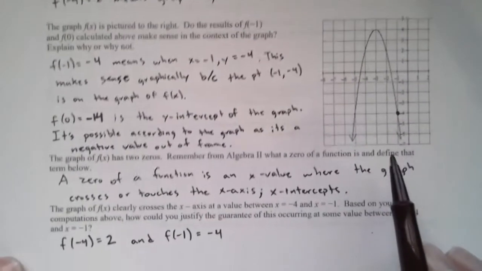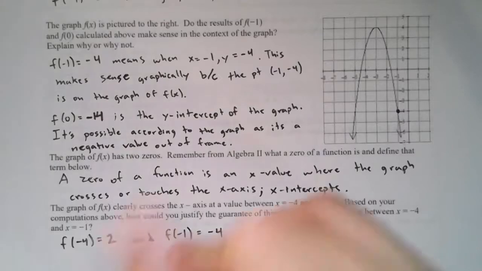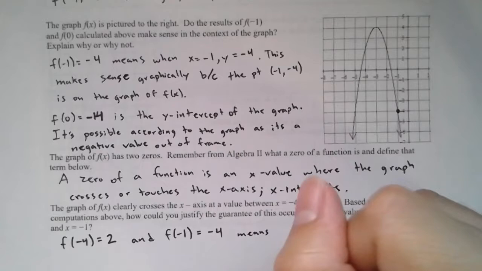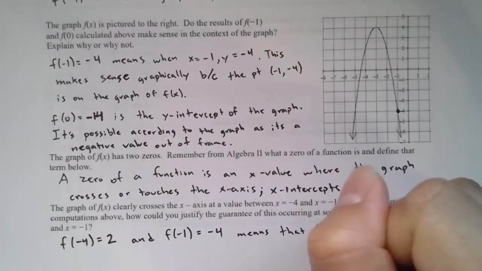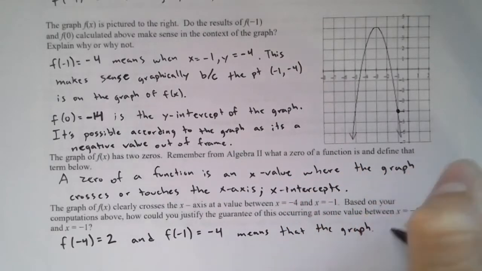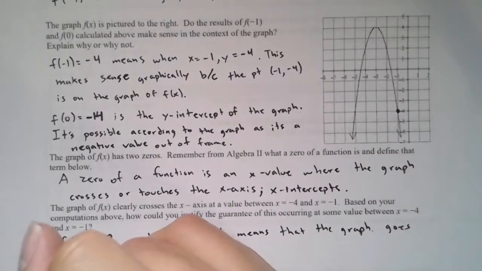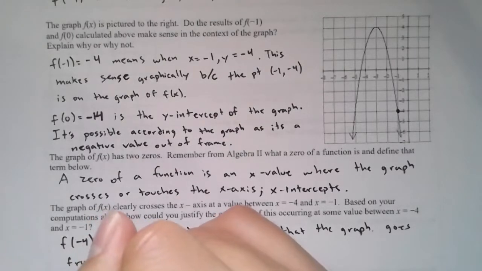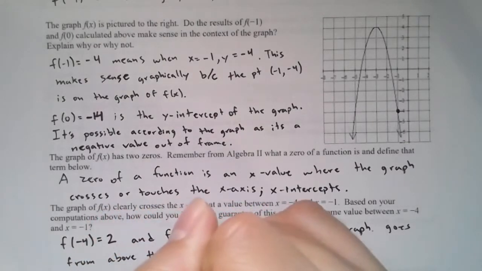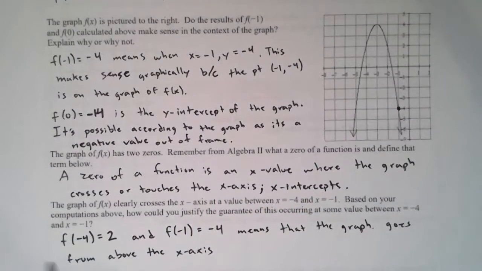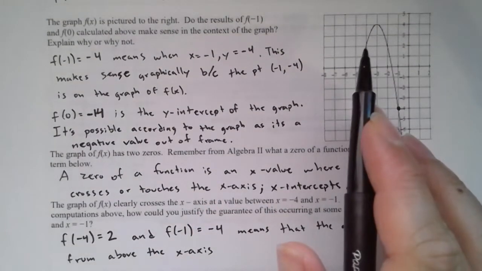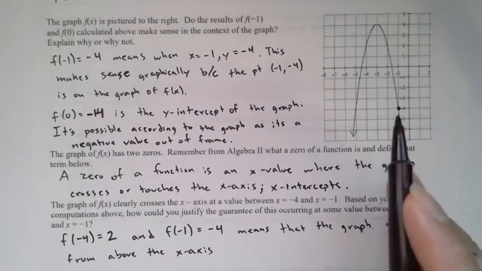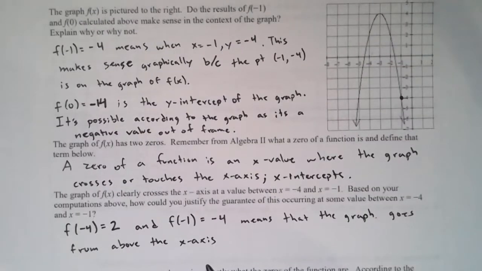That means the graph goes from above the x-axis, because f of -4, you're on top, in the positive y's. When you go to f of -1, you're now in the negative, below the x-axis.